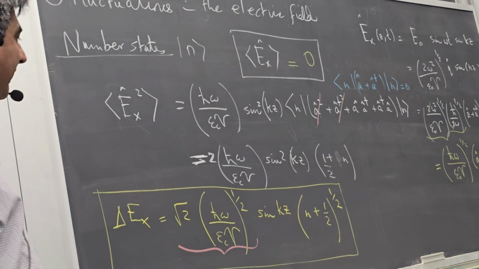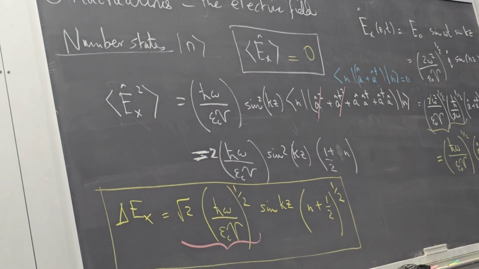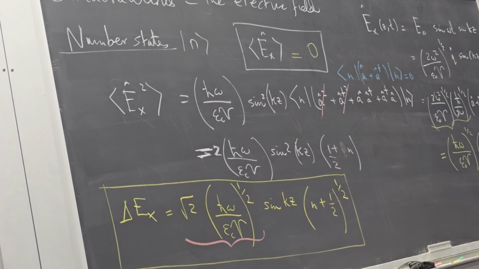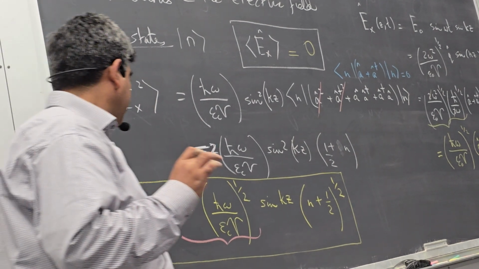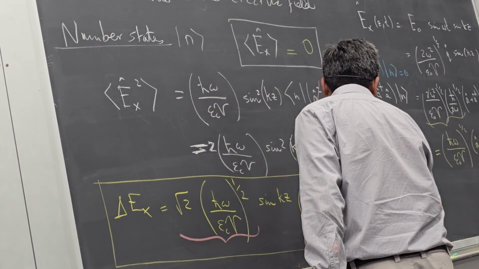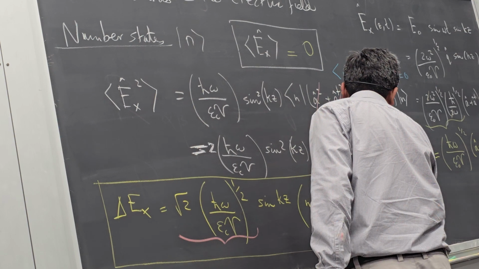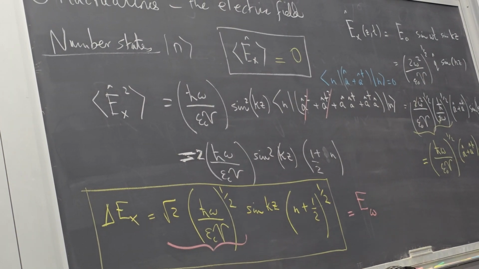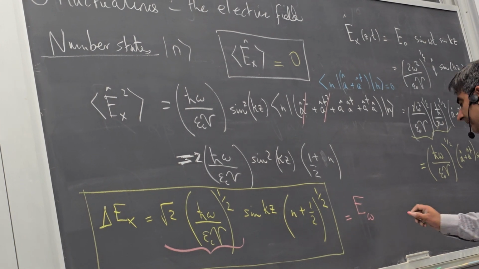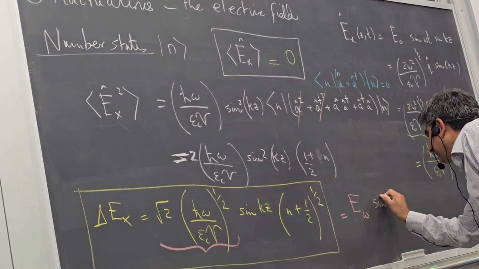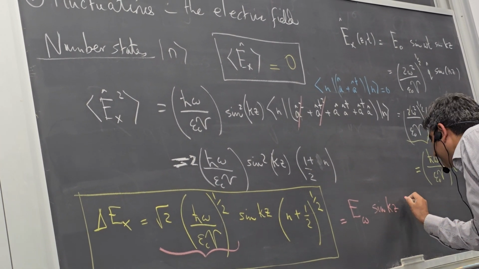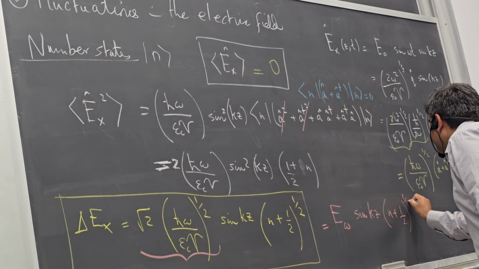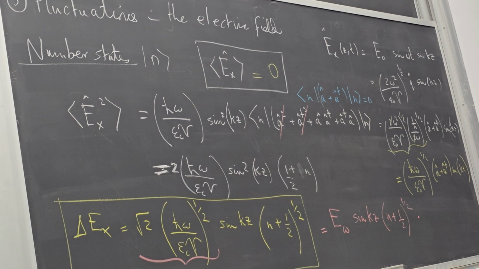So let's call this electric field per photon. This is just a definition. This factor we call E omega. So delta Ex is E omega sine kz n plus half. This is the uncertainty in the electric field for number states.